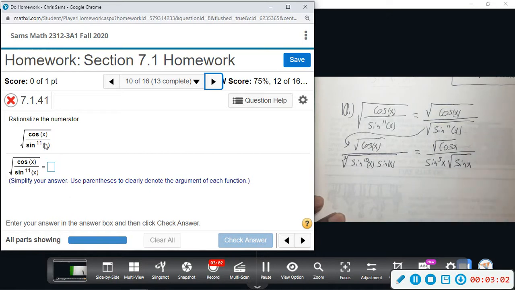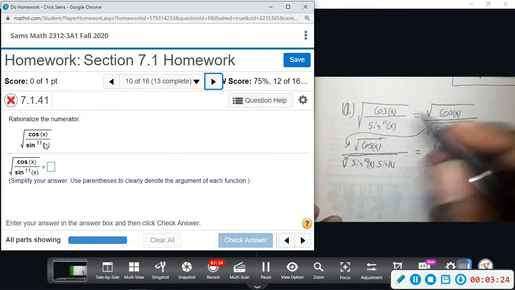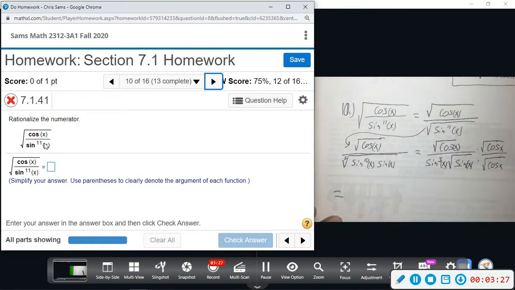Alright, and then lastly, to rationalize the numerator, I need to put these parentheses here, we need to multiply by square root of cosine of x on the top and the bottom. And so when we do that, the square root will go away on the top.